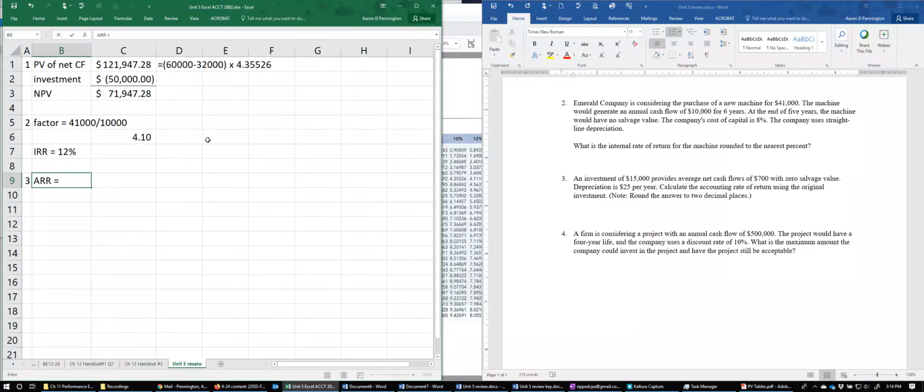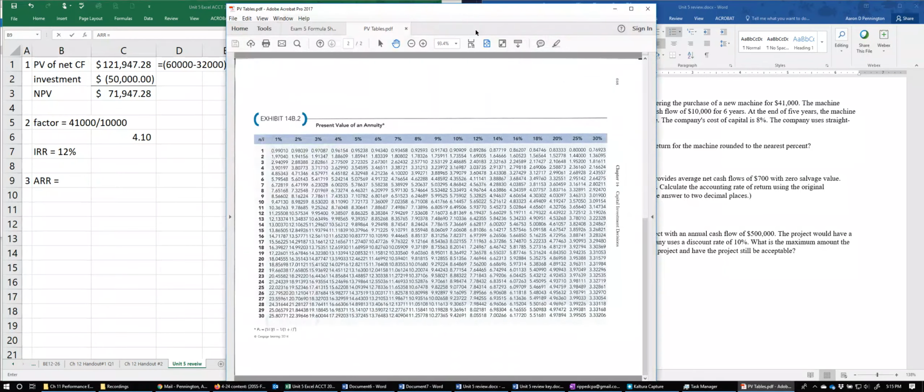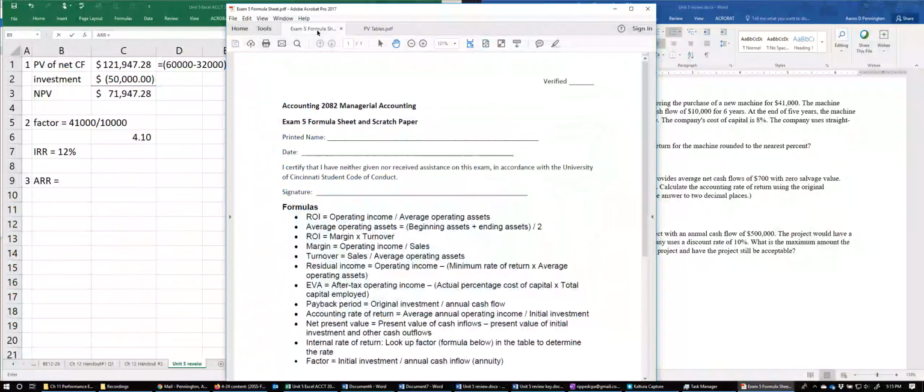So looking at our formula sheet, ARR, accounting rate of return, is average annual operating income divided by initial investment. So we do have to take into account depreciation.